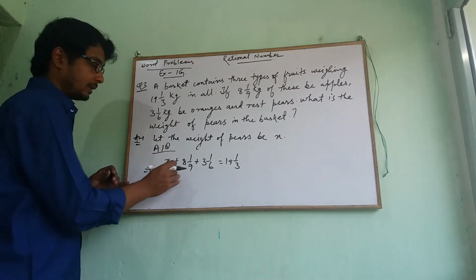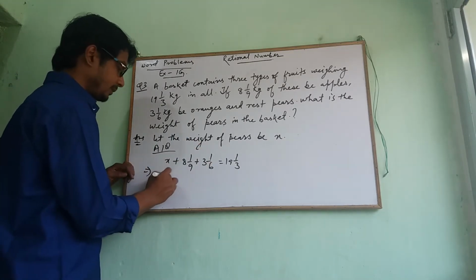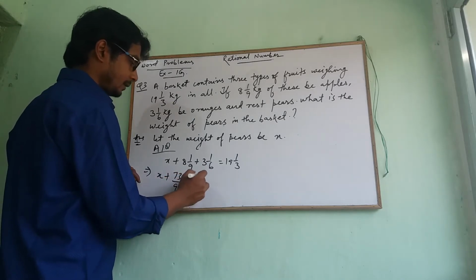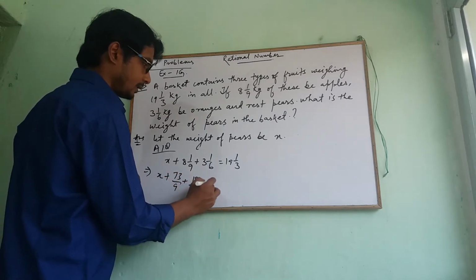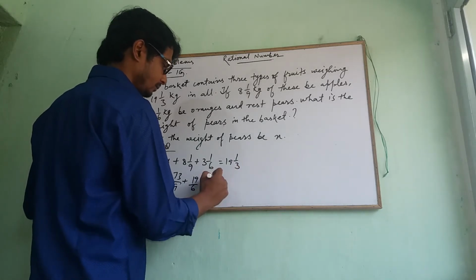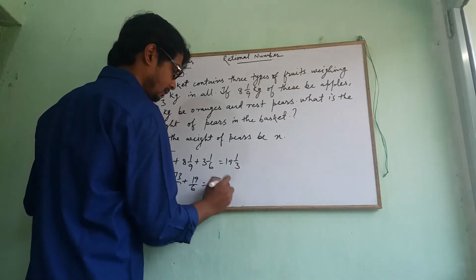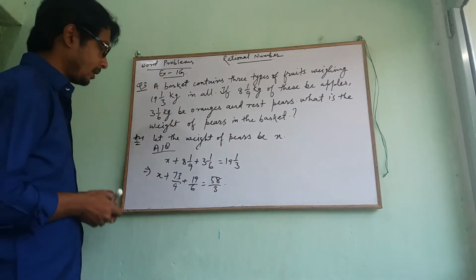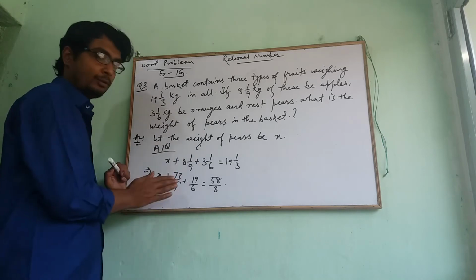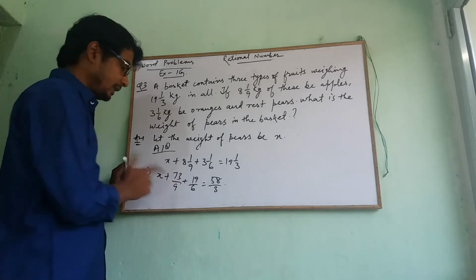Now let's first convert these mixed fractions into improper fractions. So this will be x plus 73 by 9 plus 19 by 6 is equal to 58 by 3. Now, as in the previous question, we have to follow the same rule here also.